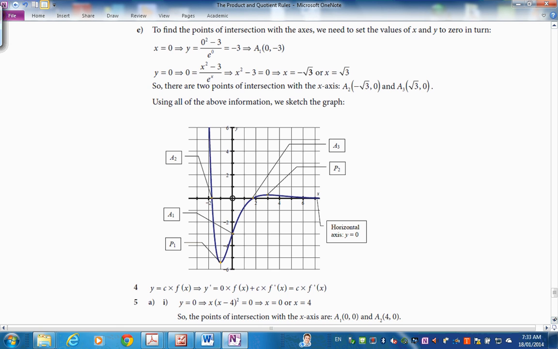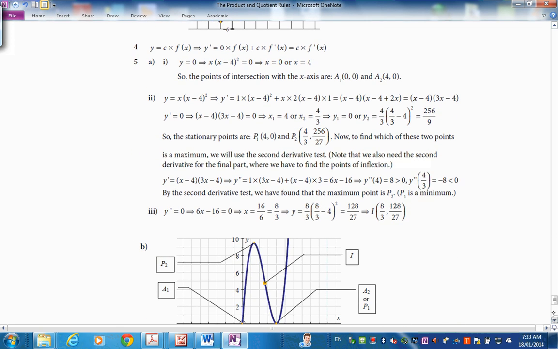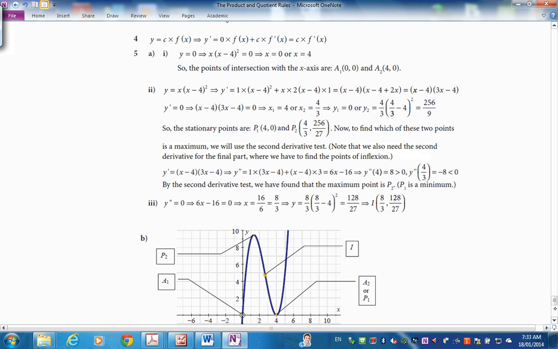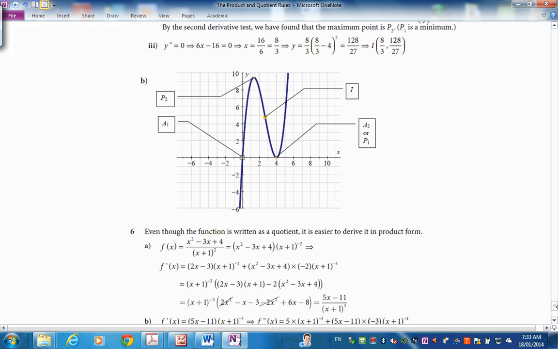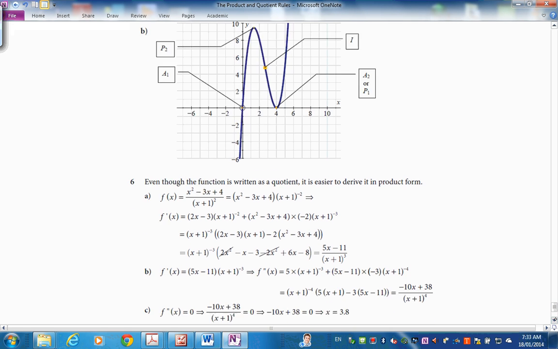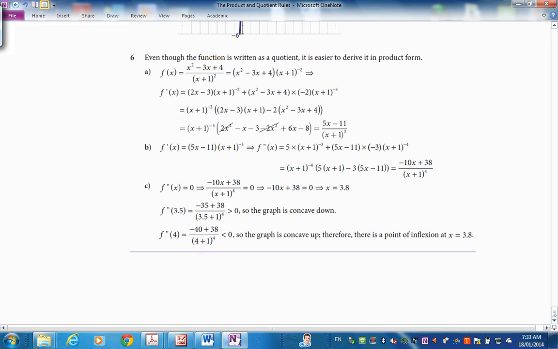And question 4, 5. There's a graph for 5. And 6. And there we have it. Some of the numbers there are getting fairly difficult to work with. Some of the fractions, you've got to keep your wits about you there.